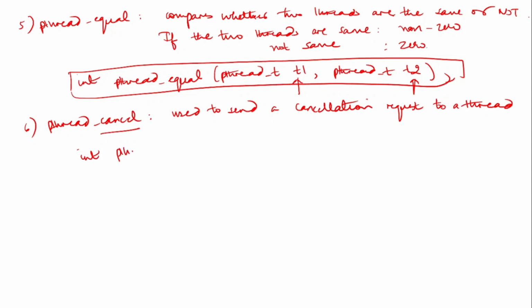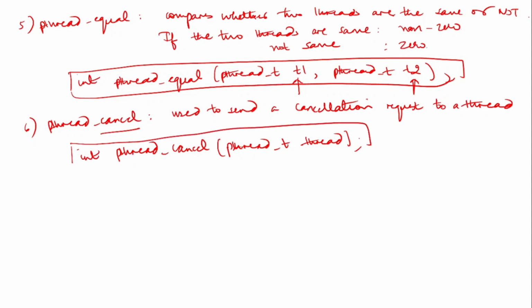It will see in which exact state the thread is, whether I can cancel it or not. So it is basically used to send a notification or a request to the thread to cancel, and this is the format, the function, for how you can cancel a particular thread.